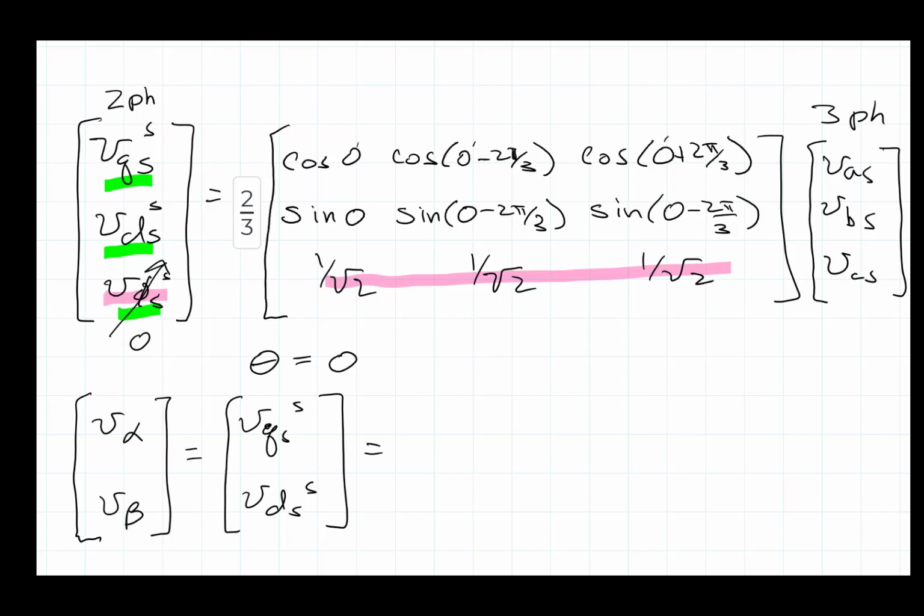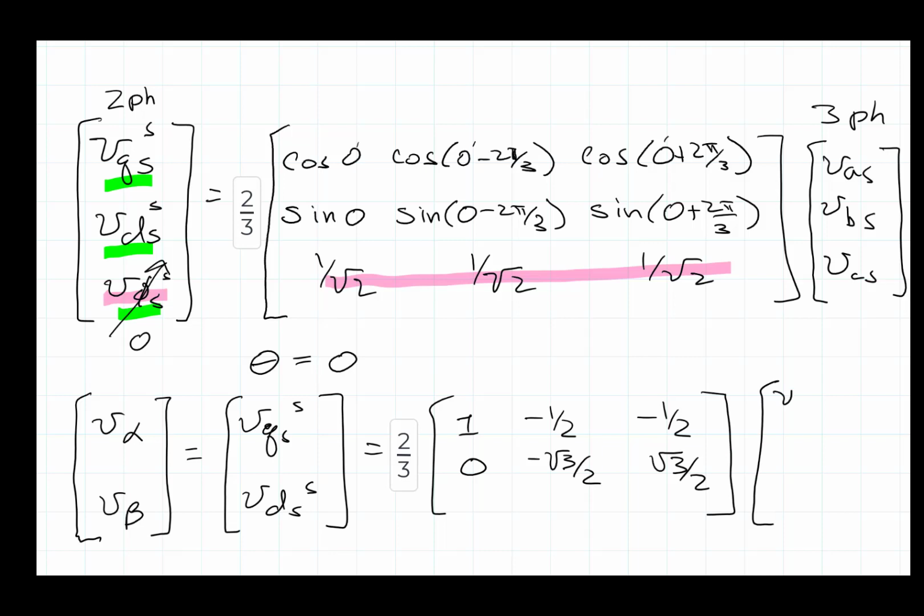And then this would be equal to, the cosine of 0 is 1. The cosine of negative 2 pi thirds is negative 1/2. And the cosine of positive 2 pi thirds is negative 1/2. The sine of 0 is 0. The sine of negative 2 pi thirds is negative square root of 3 over 2. And the sine of positive 2 pi thirds is square root of 3 over 2.